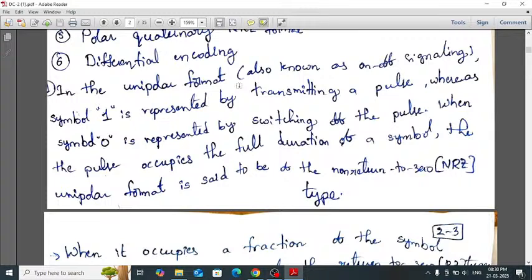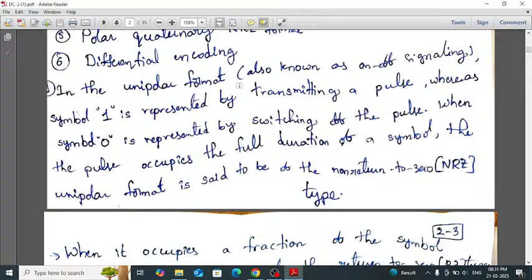Draw the on-off signaling scheme for the given data, or sometimes they may ask to draw the unipolar format for the given data. Like that they will ask the questions.